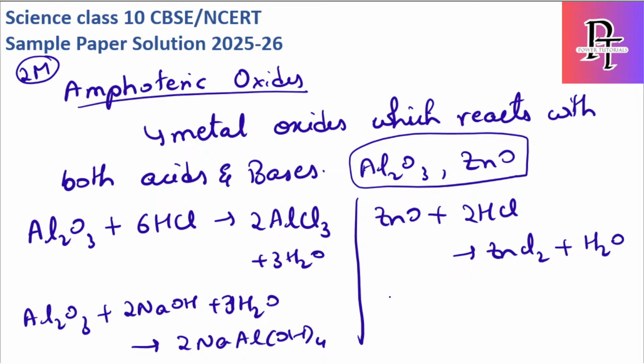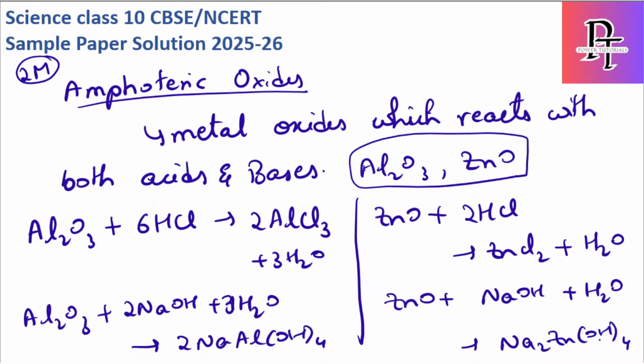Same way for zinc oxide with NaOH and water, it forms sodium zincate, which is Na2Zn(OH)4. 4 hydrogens, so 2 we already have, 2 Na, that's it. So aluminum oxide reacts with acid.